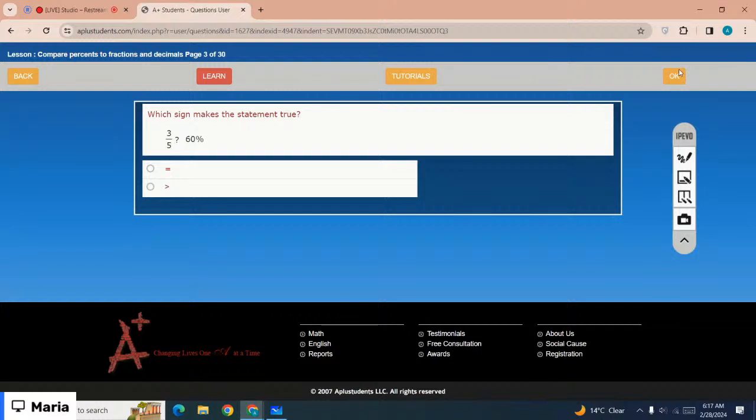Yes, they both are exactly equal, right? The correct option is equal.